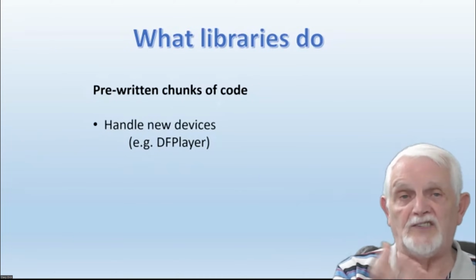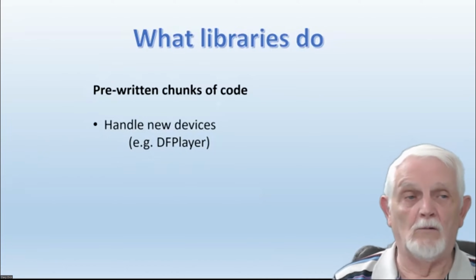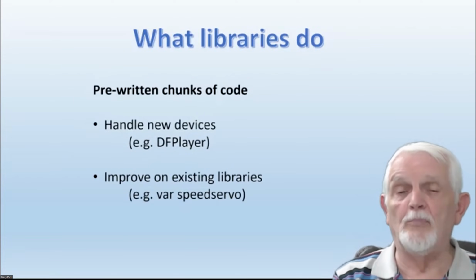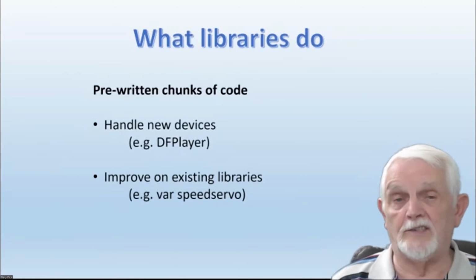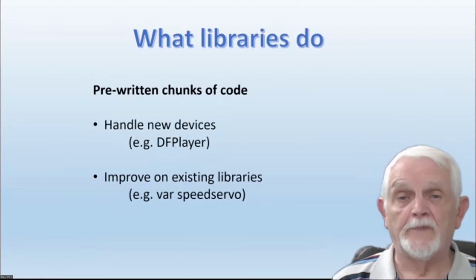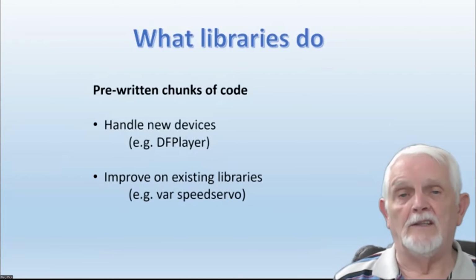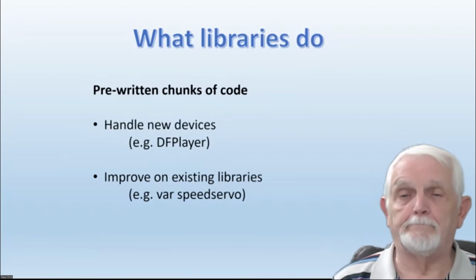And as long as you know the basic commands, it'll work. And we'll look at an example of that a bit later. The other use is to improve on existing libraries. The example I've got there is a vast speed servo, which I use on the EasyBus, which improves on the standard servo library, the one that comes with the IDE.